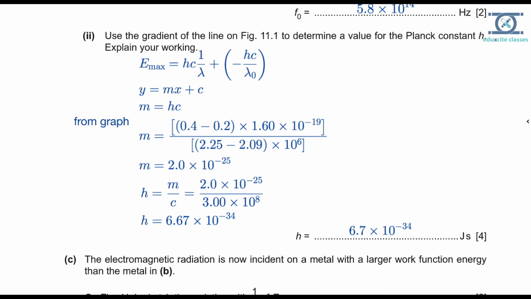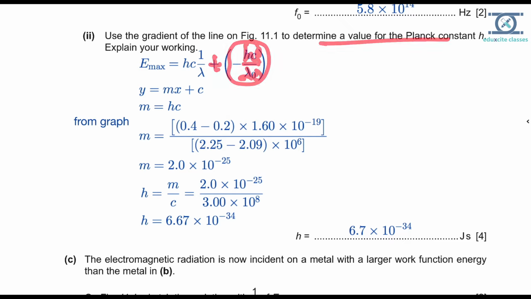Now in the second part, use the gradient of the line to determine a value of Planck constant. Explain your working. So this is an important part of this question. We know that E maximum, that is the kinetic energy maximum, will be equal to the energy supplied plus, you can say, hc upon lambda minus phi.